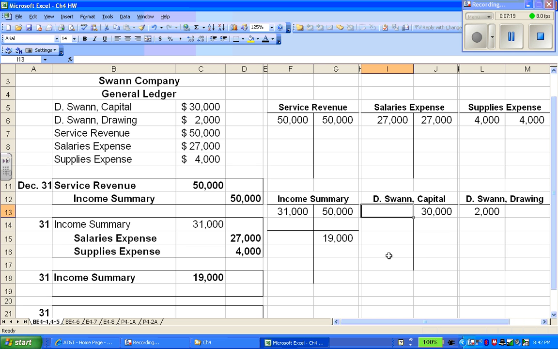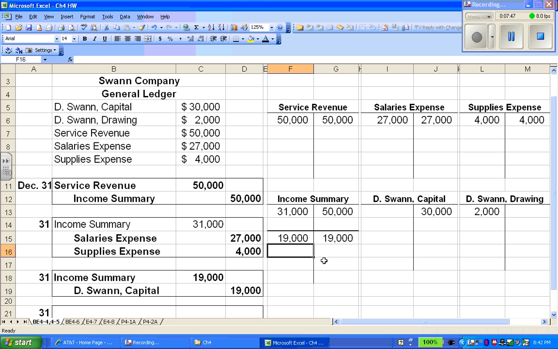So here I have my income summary, has a credit balance. So I'm going to debit the income summary for 19,000, and that means I'll credit my capital account for that same amount, the 19,000. Let's post that so we can see. So here now my income summary will be zero.